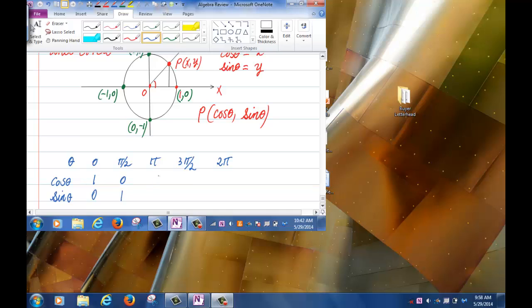What is cosine of pi? Negative 1, and sine is 0. What is cosine of 3 pi over 2? 0, and sine? Negative 1. And for 2 pi this would be 1 and 0 again. Everybody's okay? So right away we know those values.